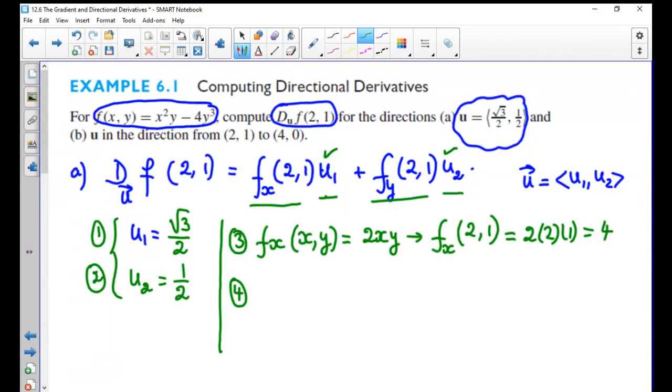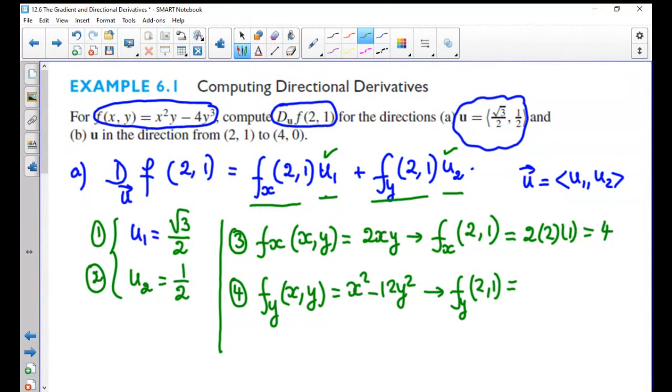Finally, I need also fy, the derivative with respect to y, at (x, y) first, which is x squared minus 12y squared. Thank you. And therefore, fy at (2, 1).